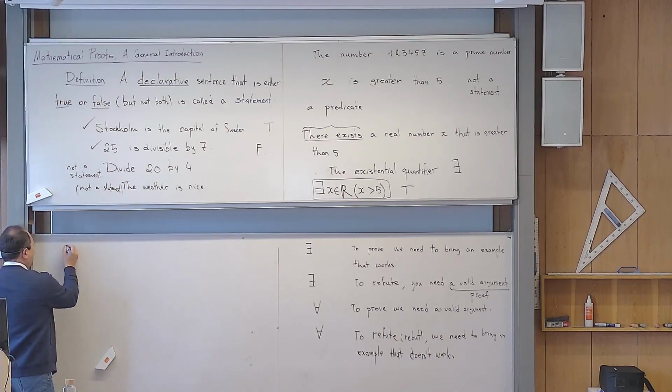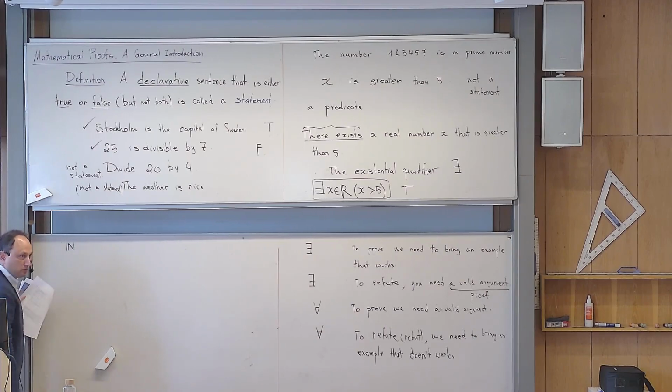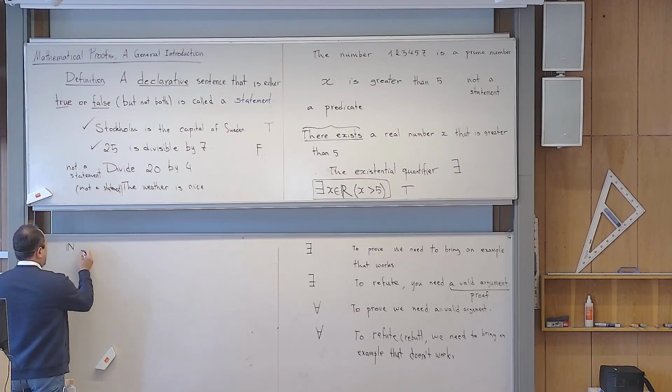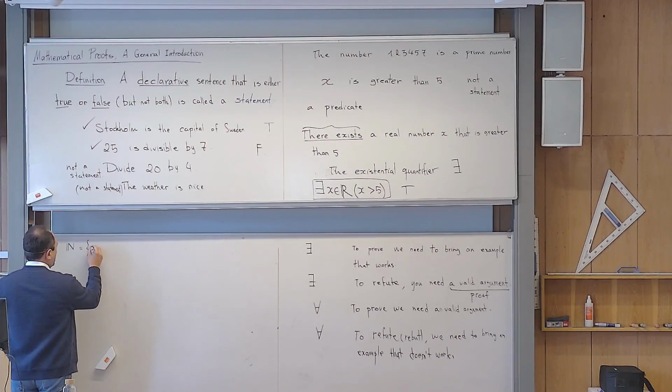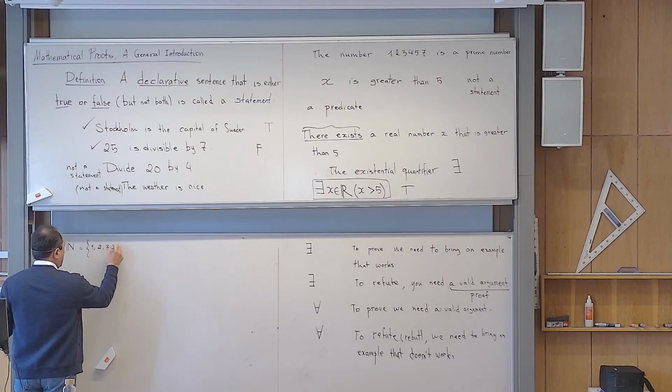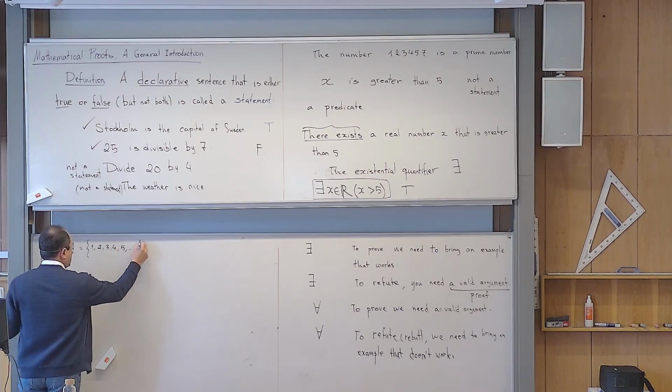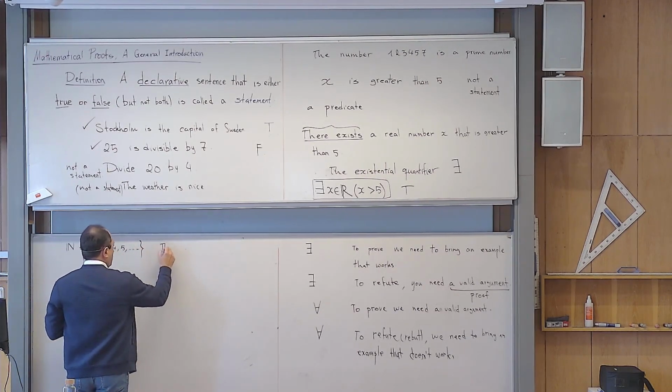So the set of natural numbers in mathematics is denoted by this symbol. The set of natural numbers means the set, of course, in American school we start with 1. In European school we start with 0. Okay, let me start with 1. 1, 2, 3, 4, 5, etc. So this is the set of natural numbers.